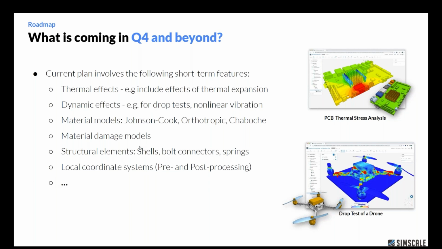This is something that we recently revived again by adding more capacity to the structural development on SimScale. So we have a clear goal in mind about adding shells and other structural elements to SimScale as well. And with it comes obviously also the need for local coordinate systems.